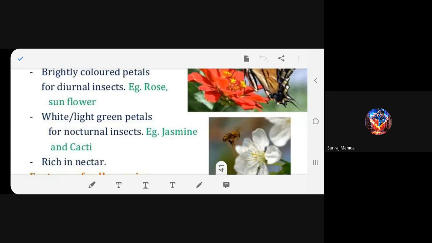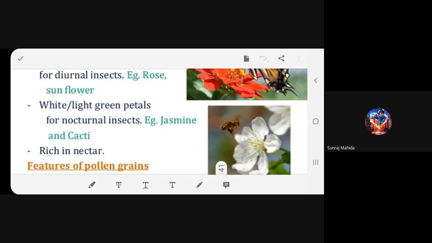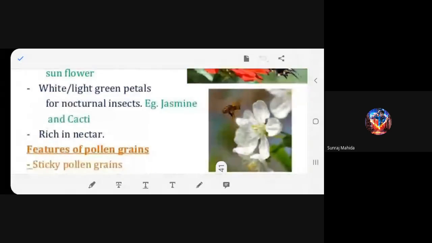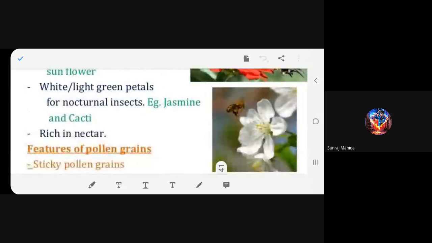Example: rose, sunflower. For nocturnal insects, white or light green petals. Example: jasmine and cacti, rich in nectar.